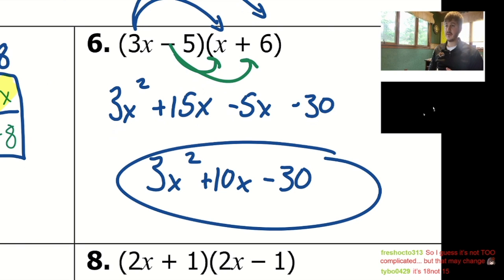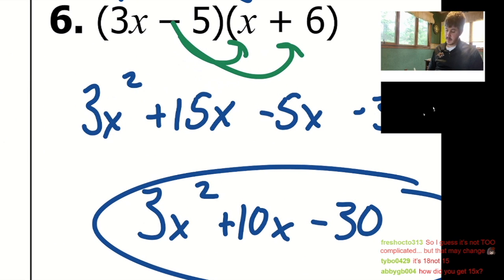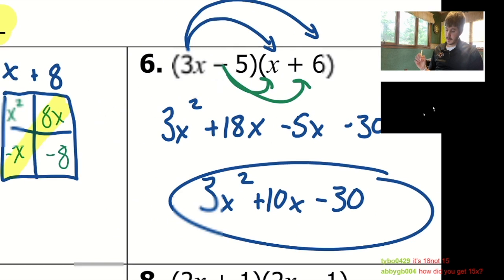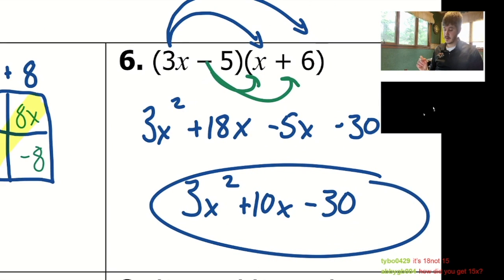I'll use that method. It's 18, not 15. How did I get 15x? Oh, it should be 18x. Yeah, it should be 18. It's because my mental math is off. One of these days I'll go a full stream without making a mental math error.